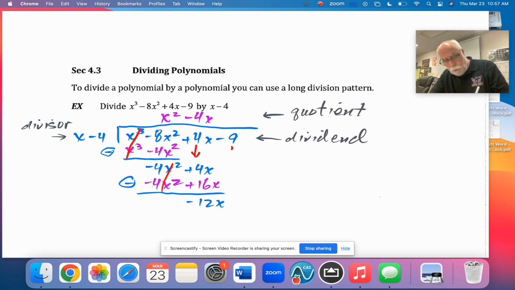And one more time, we're going to bring down the next one, and that will give us minus 9. And one more time, x times what gives us negative 12x? And you would tell me minus 12. So negative 12 times x is negative 12x. And then negative 12 times a negative 4 is a positive 48.